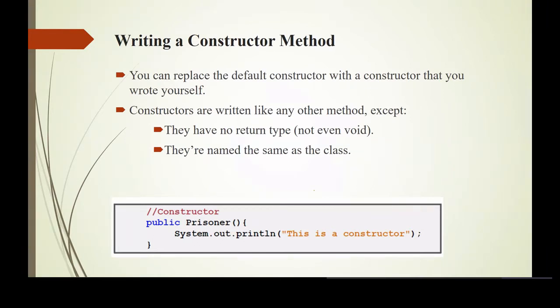So the constructor, we don't use it to print anything. Try to avoid putting printing statements or extra code inside the constructor. The constructor is mainly used to initialize the variables in the class.